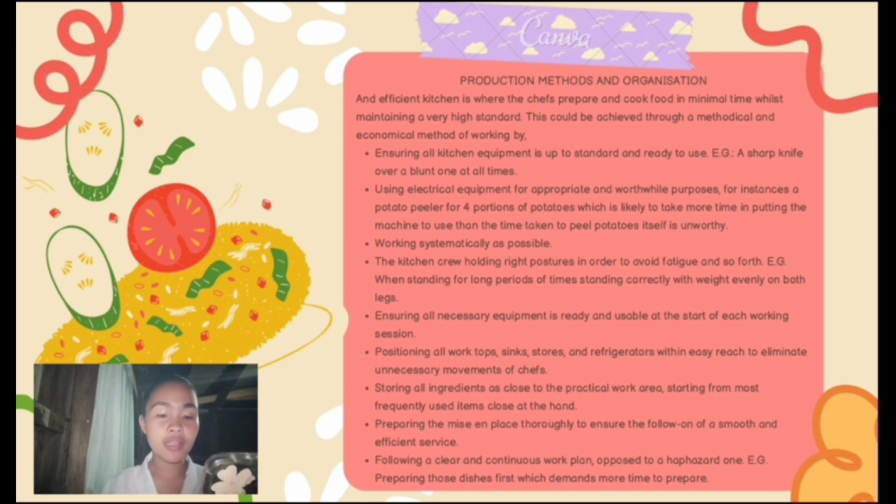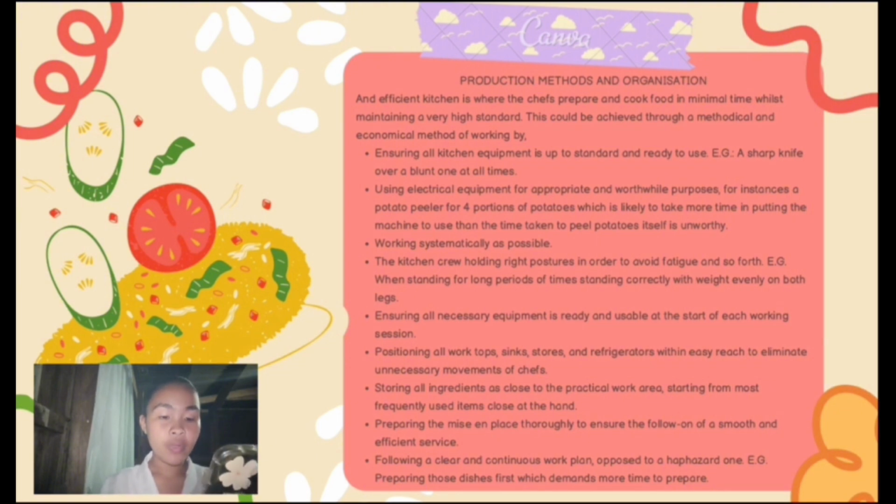Next is using electrical equipment for appropriate and worthwhile purposes. For instance, using a potato peeler for 4 portions of potatoes, which is likely to take more time in putting the machine to use than the time taken to peel the potatoes itself, is unworthy.